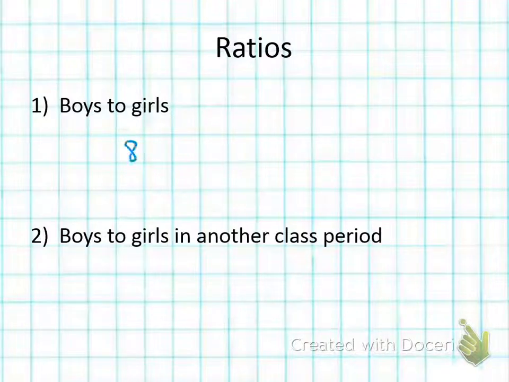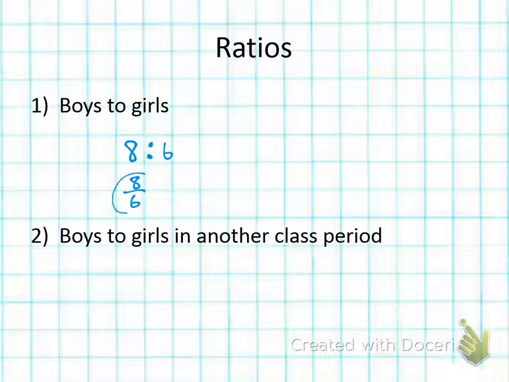We know there's 8 boys, and how many girls are there? 1, 2, 3, 4, 5, 6, right? So our ratio of boys to girls is 8 to 6, or we put 8:6, or you could also write 8/6. Okay? That's the ratio.